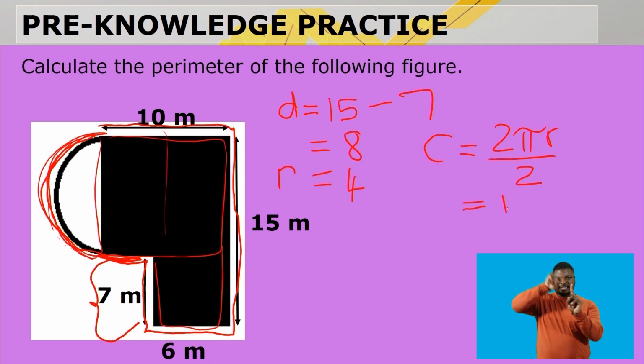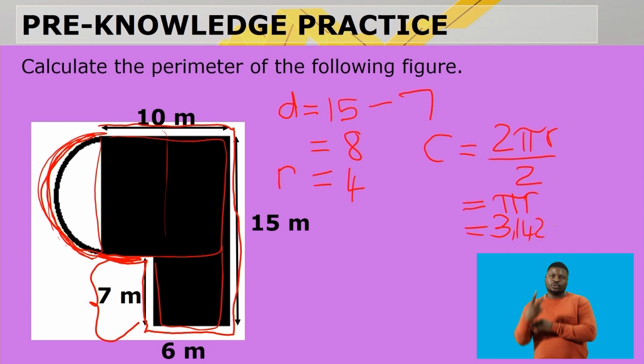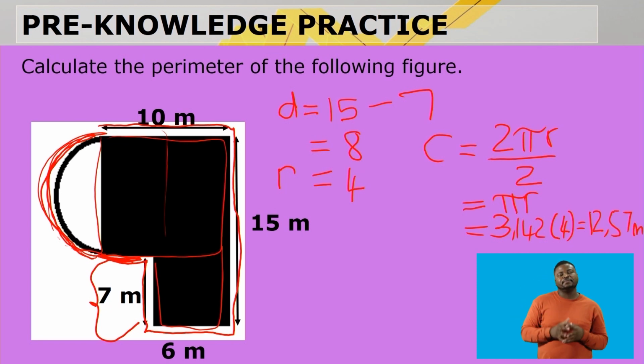Then we might as well just use pi times radius, and that is then 3,142 times my radius, which is 4, and that gives me a circumference of 12,57 meters.